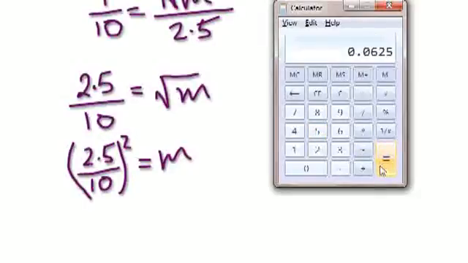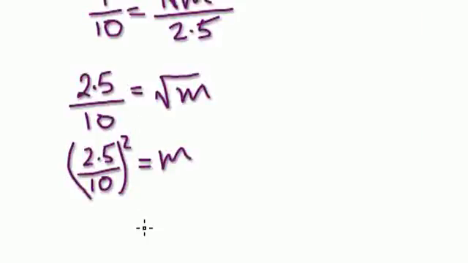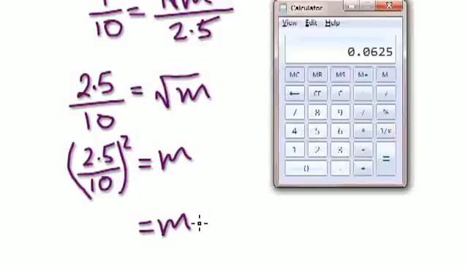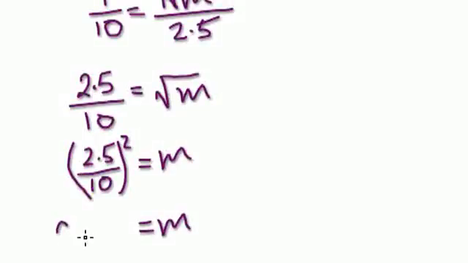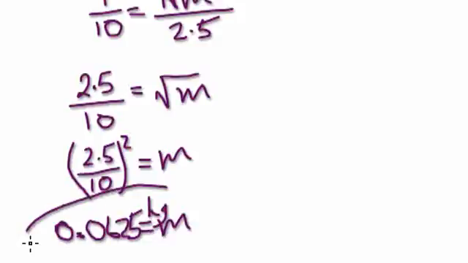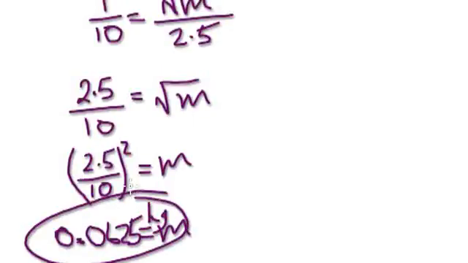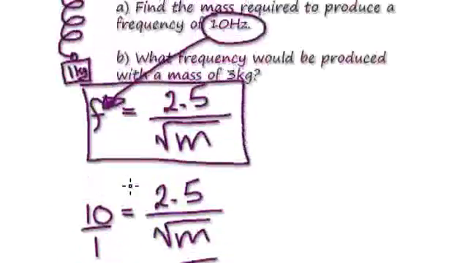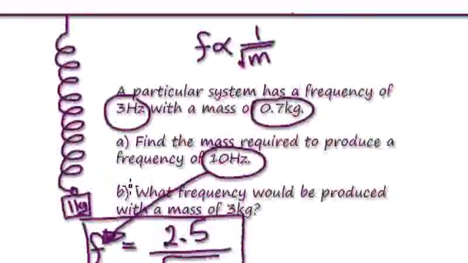So the mass required to produce a frequency of 10 hertz will be 0.0625 kilograms. Okay, so this is your answer to the first one.